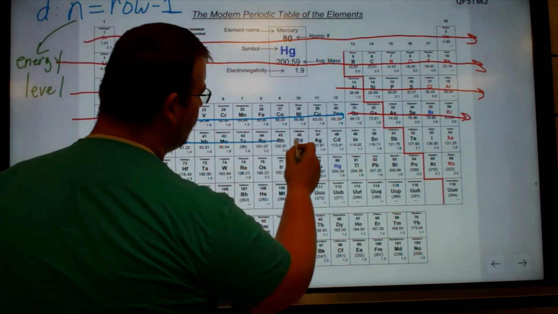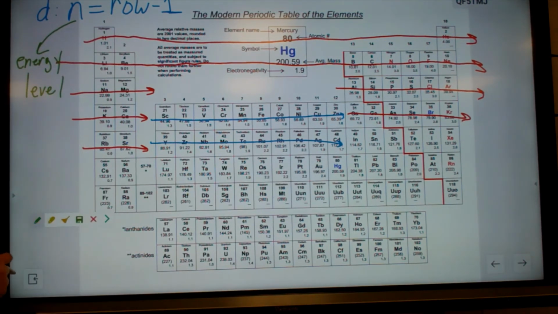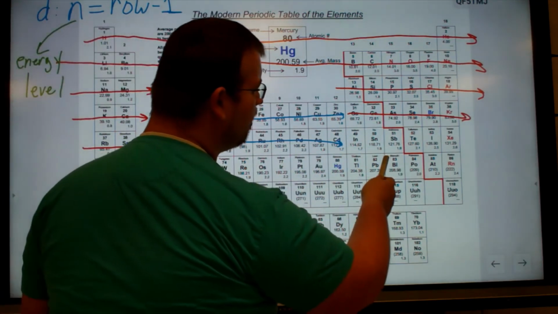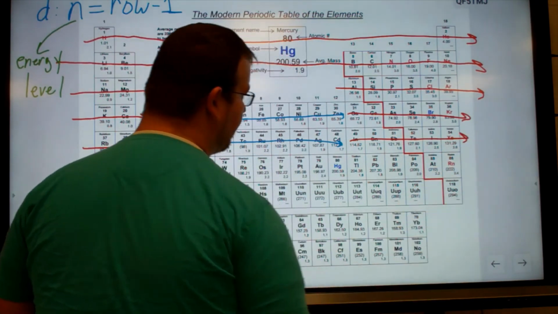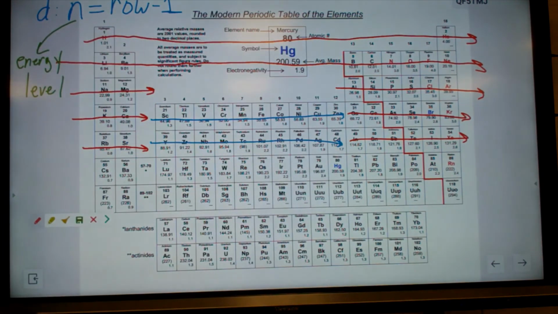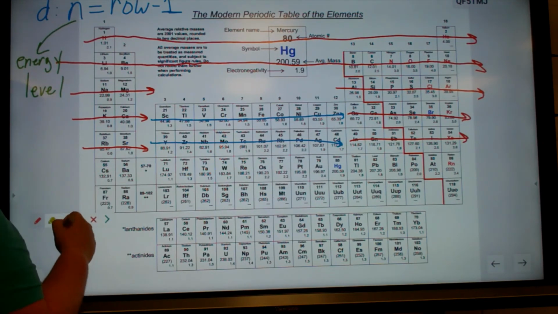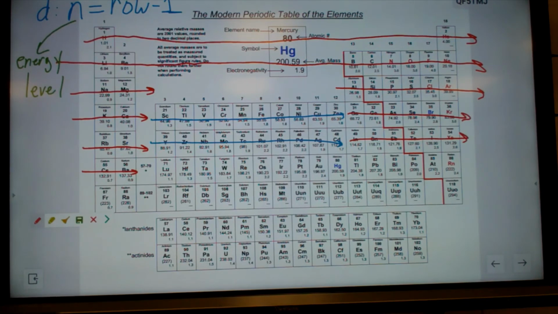I go all the way through, 4D10. Then I go into the P block. So it keeps the same as the row. So it's 5P6. Then I come back down to the 6th row and I start in the S block. So 6S2. Alright, I'm going to pause there.